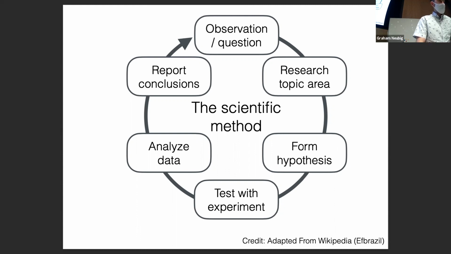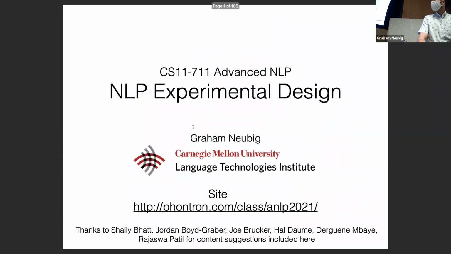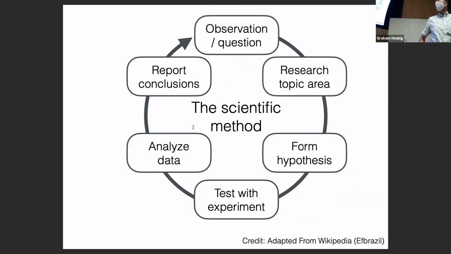Okay, great. Cool. So I'm going to start out with this, which is a diagram that was adapted from the article on the scientific method from Wikipedia. And basically, this talks about the life cycle of doing experiments in any scientific discipline.